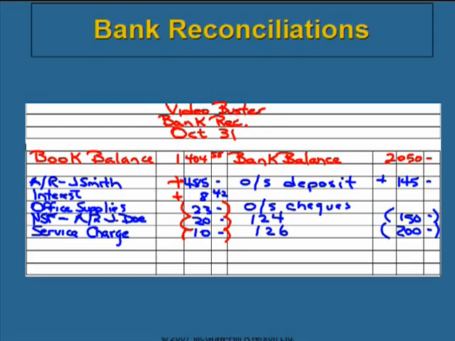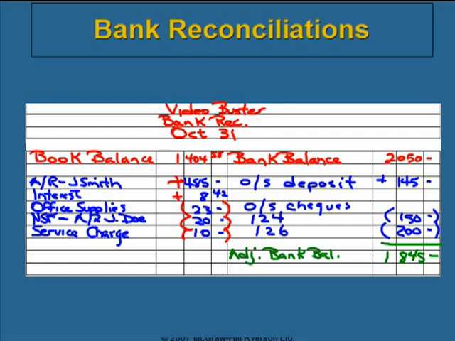So our outstanding checks were $150, so we'll subtract that one. And we'll also subtract the $200 check. So our new bank balance should be $1,845, not the $2,050 that the bank has recorded on the bank statement. We're just going to label this number as our adjusted bank balance.